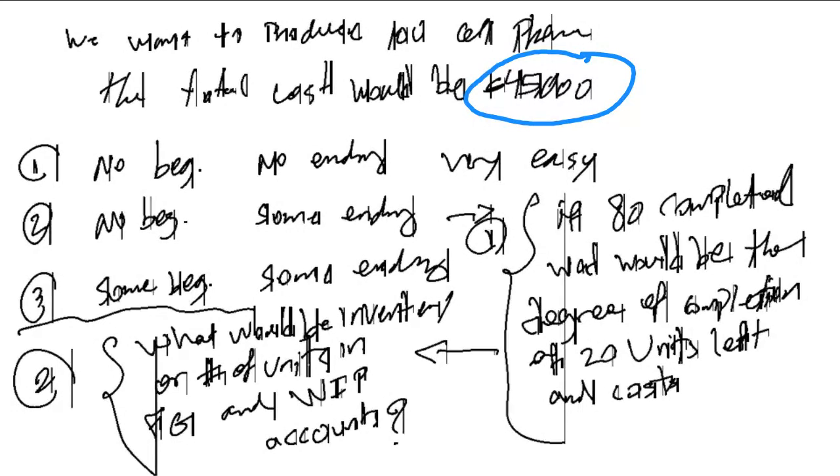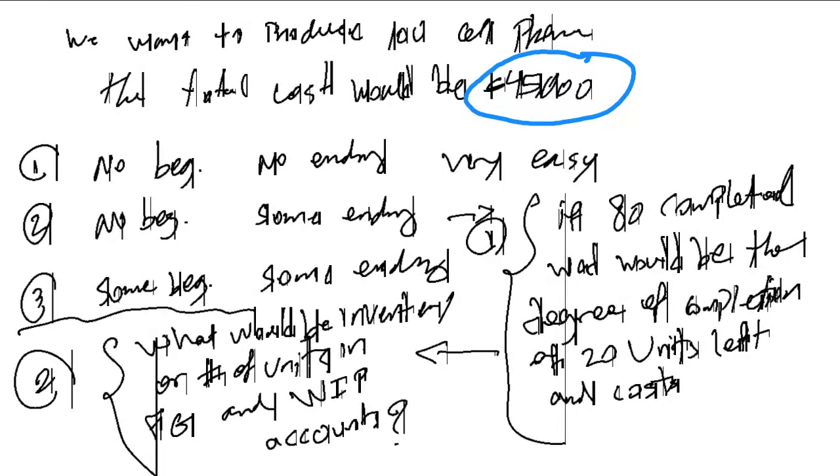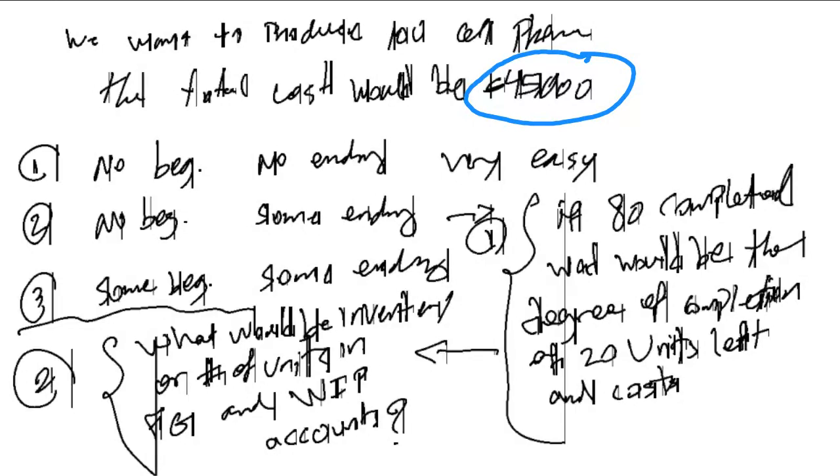Then we take the 25% rate and convert the 20 incomplete units to 25% of those 20 units. So simply multiply 20 by 0.25. You get 5. So now I converted 20 incomplete units to 5 complete units.